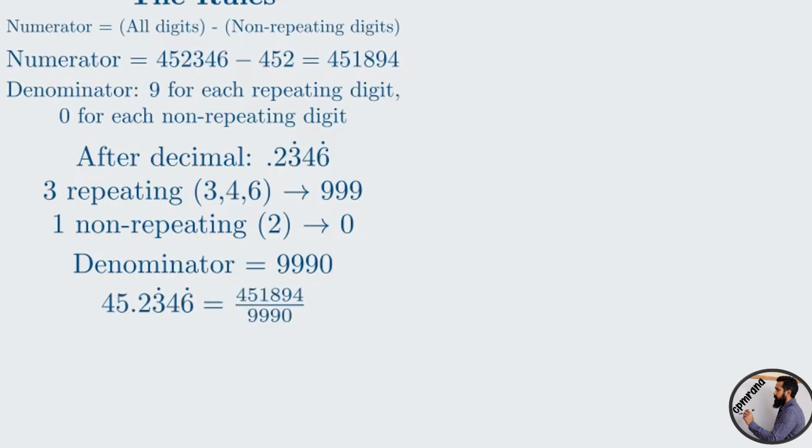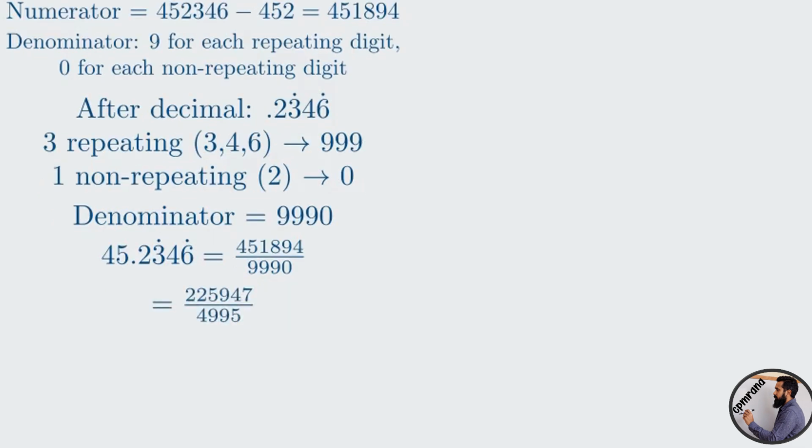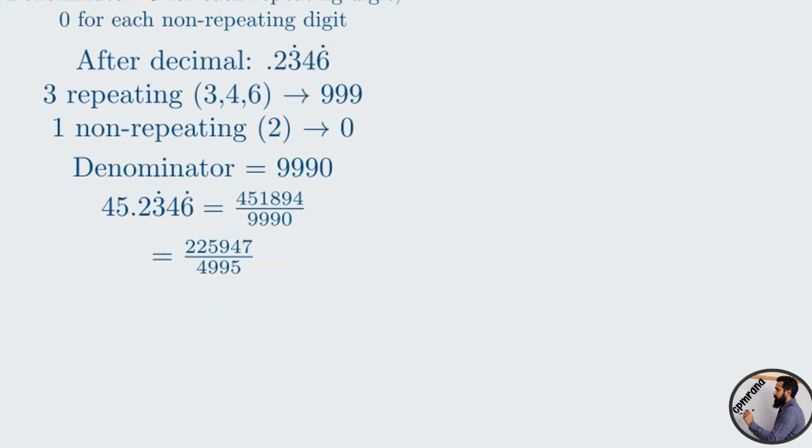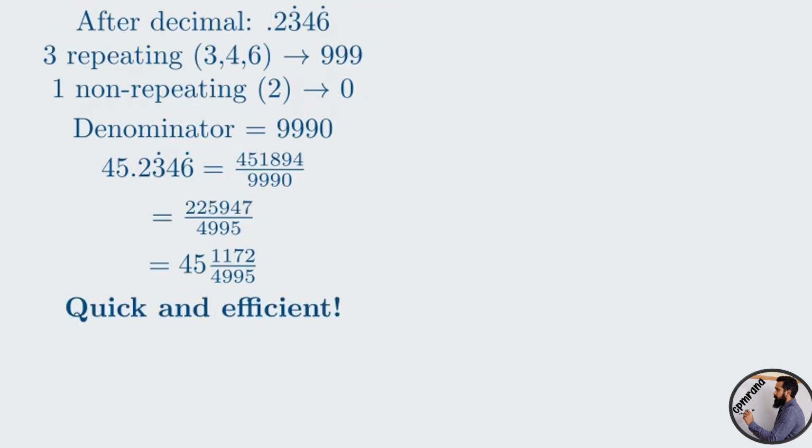So, our fraction is 451,894 over 9,990. Now we simplify. Dividing both numbers by 2 gives us 225,947 over 4,995. Converting this to a mixed fraction, we get 45 and 1,172 over 4,995. This shortcut is much faster once you get the hang of it.